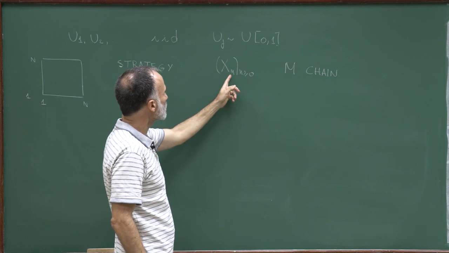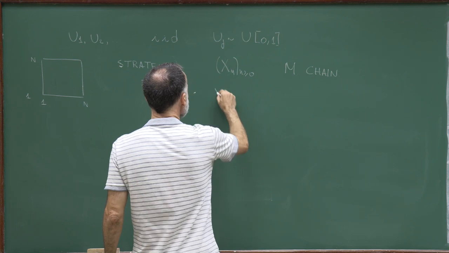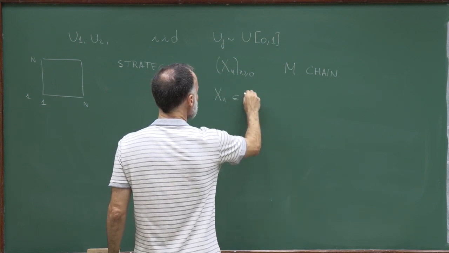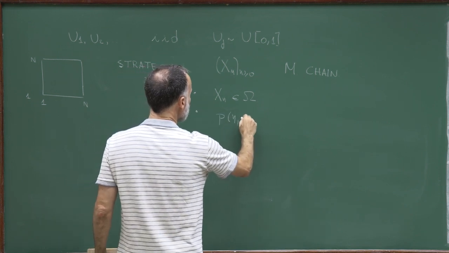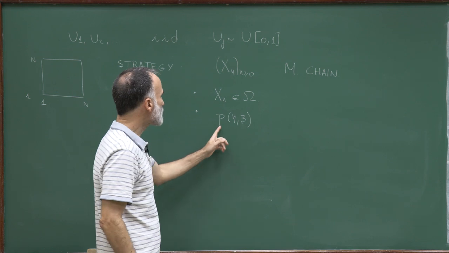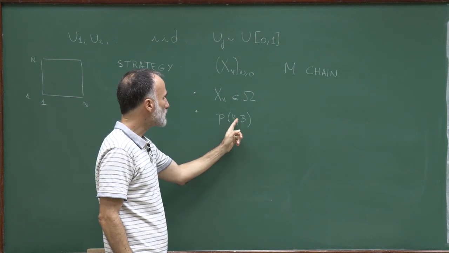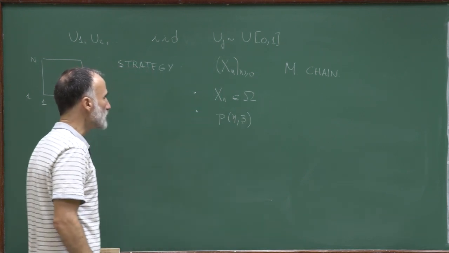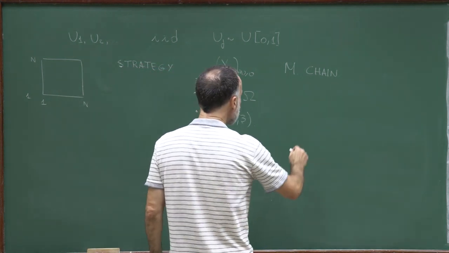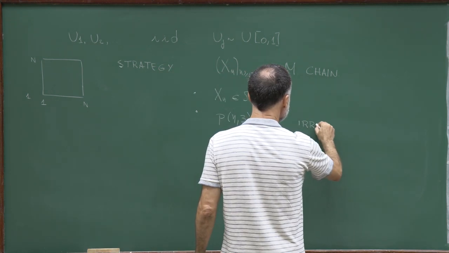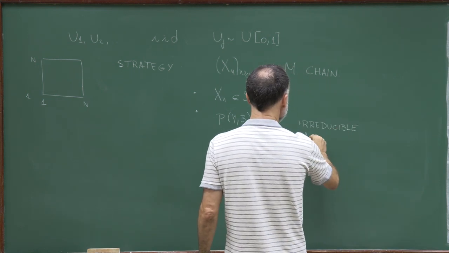This is a discrete time Markov chain, and the state space of this Markov chain will be the set omega. I will represent by p(eta, psi) the transition probability of this Markov chain. So this is the probability that the Markov chain jumps from eta to psi. This Markov chain will be homogeneous, and it will be irreducible and aperiodic.